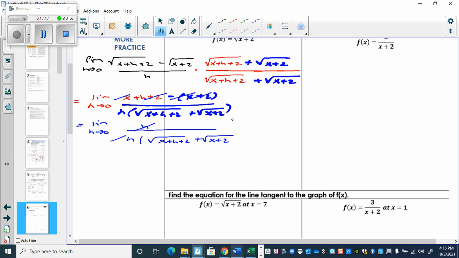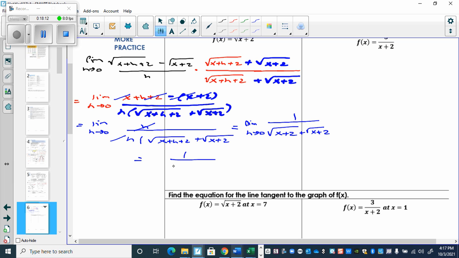It leaves me with a 1 on top, and I'm going to plug a 0 right here. And what I end up with is the limit as h goes to 0 of 1 over the square root of x plus 2 plus the square root of x plus 2.